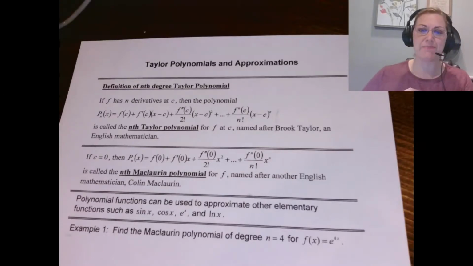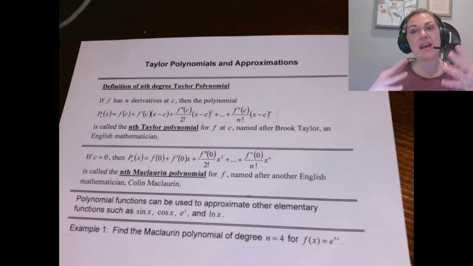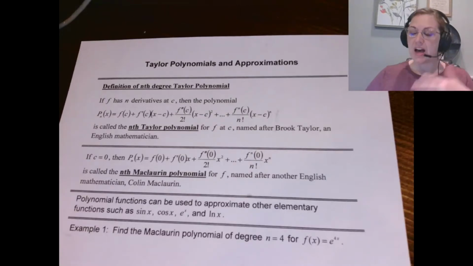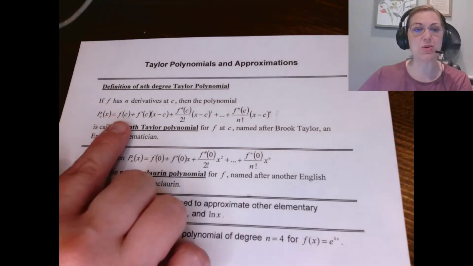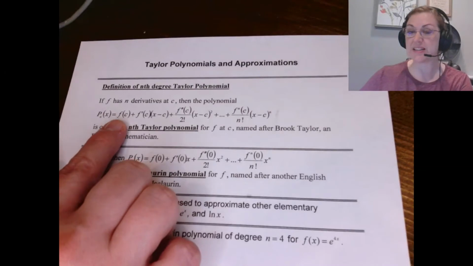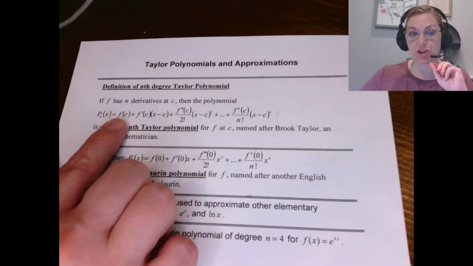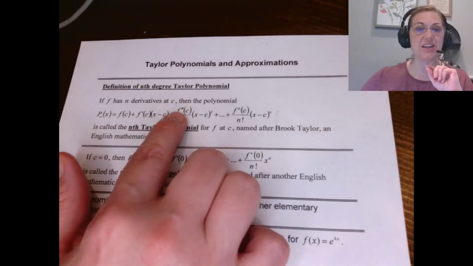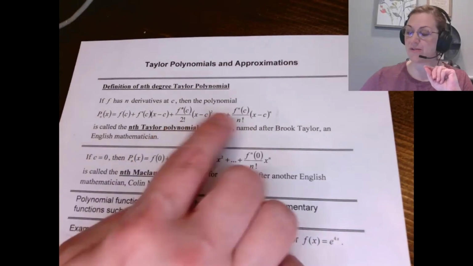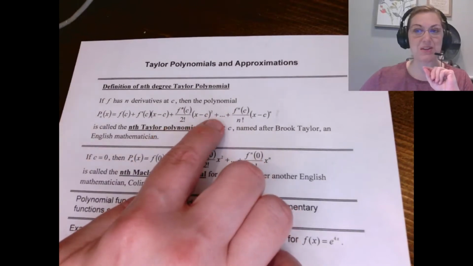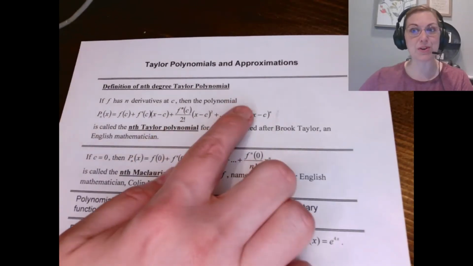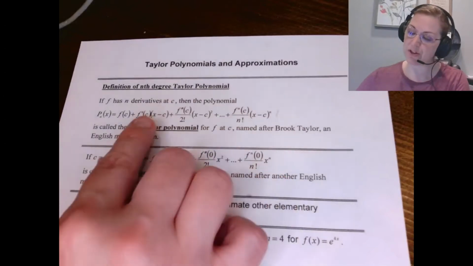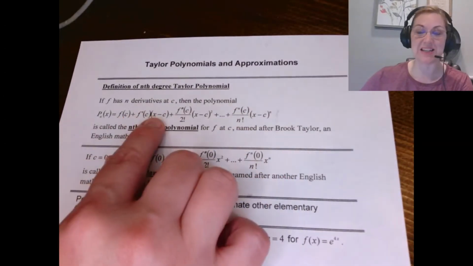Let's jump right in. So we know that a Taylor polynomial has a pattern. And so we look at that pattern and notice that it is centered about a value c. So we have the function, then we have the first derivative. Do you see the second derivative over 2 factorial? We would have third derivative over 3 factorial, fourth derivative over 4 factorial. And then I want you to look at the pattern with the x minus c's.